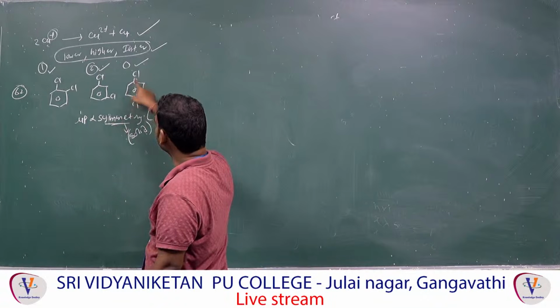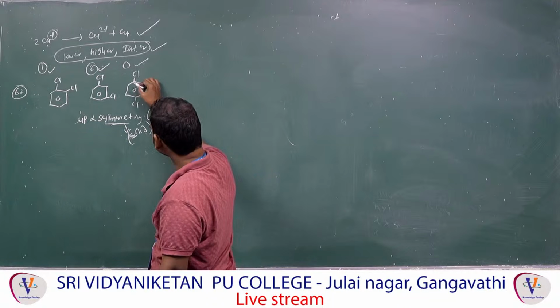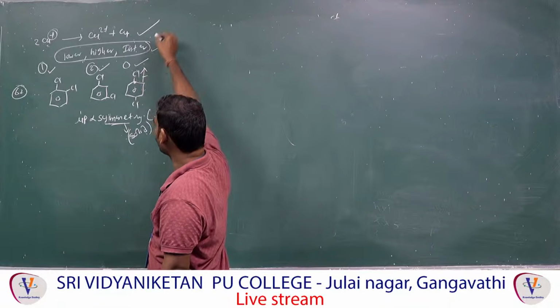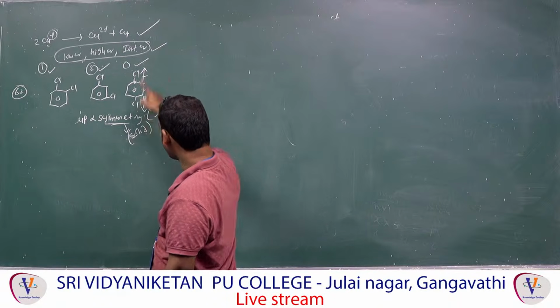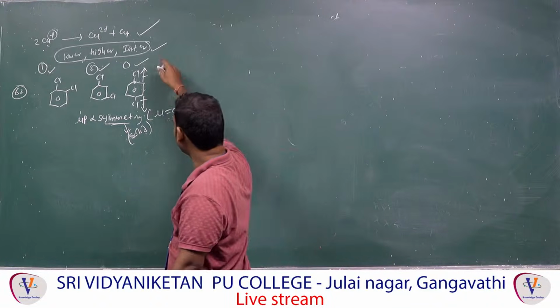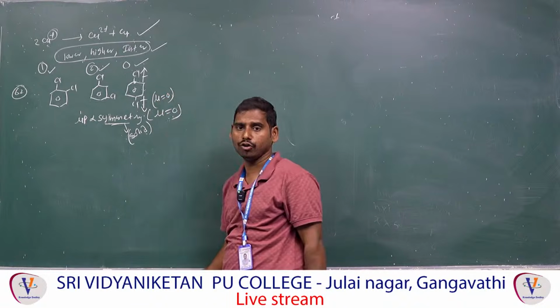This one. Why? Because it has more symmetry. Why? Dipole moment is 0. How to know? Here carbon and chlorine, electronegativity is more in chlorine, electrons are moving towards the chlorine side. This is a representation of dipole moment, crossed arrow. Both are in opposite directions. Net resultant dipole moment cancels each other, that's why mu equal to 0.